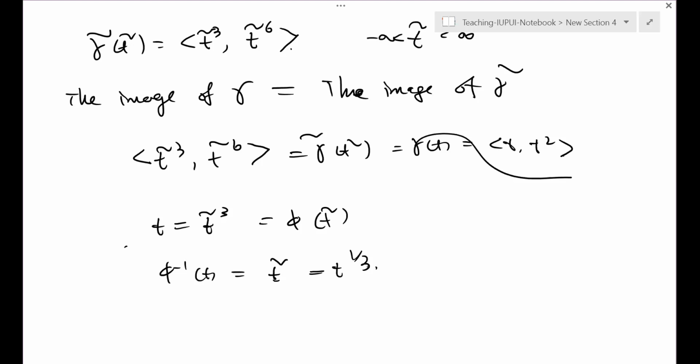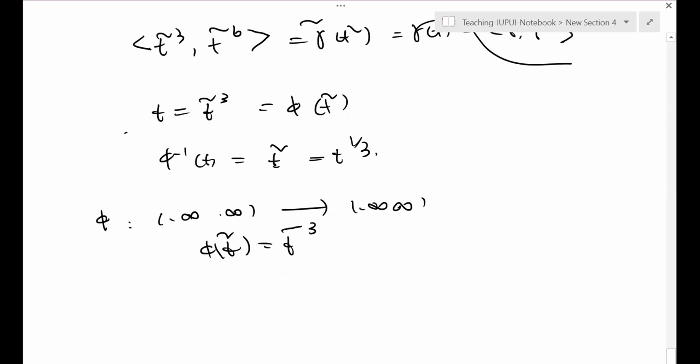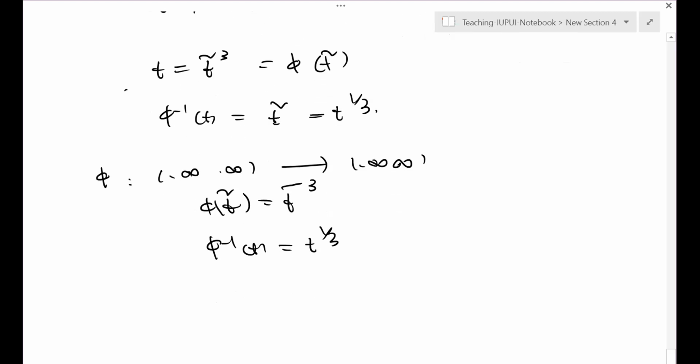Now take a look at this phi. It's from negative infinity to positive infinity to negative infinity to positive infinity. Phi of t tilde equals t tilde cubed. This is bijective, but however, the inverse is t to the 1/3, and this is not smooth when t equals 0.